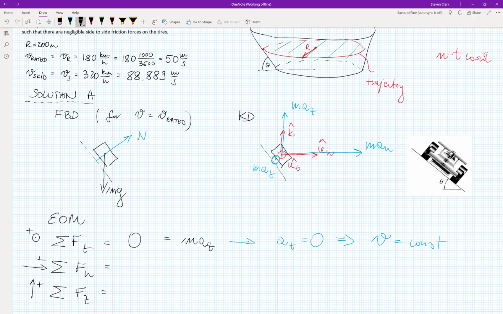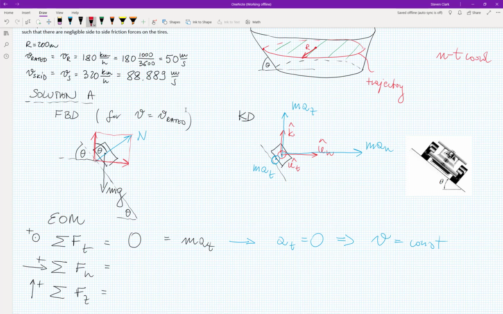Is there anything interesting happening in the N direction? Yes, I believe so. And I have to project N on that direction, right? So I have to come up with this component of N and this component of N. But before doing that, I must bring this theta somewhere there, yes? So if theta is here, theta will be here, and also here.